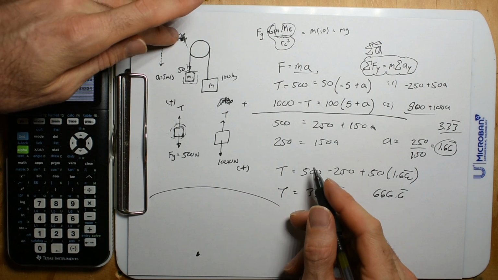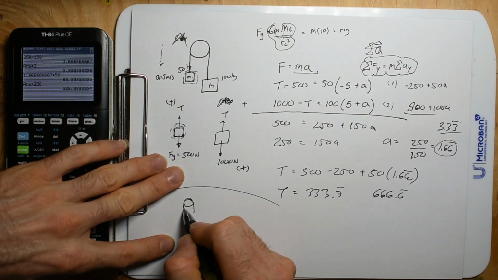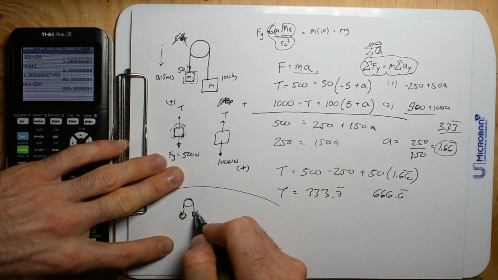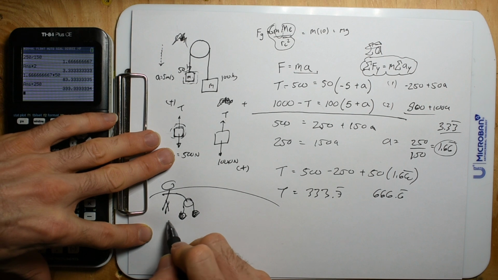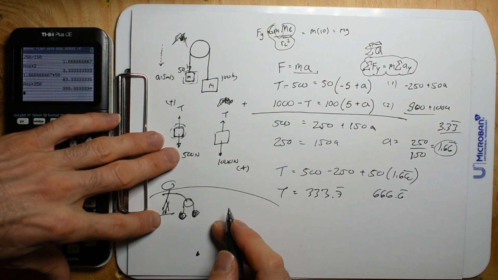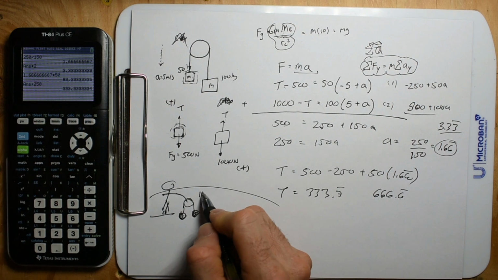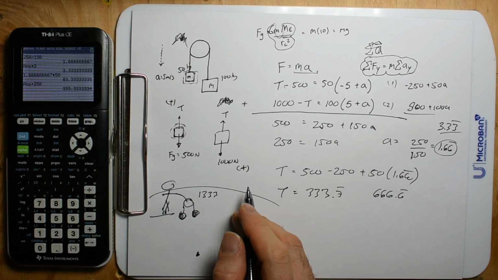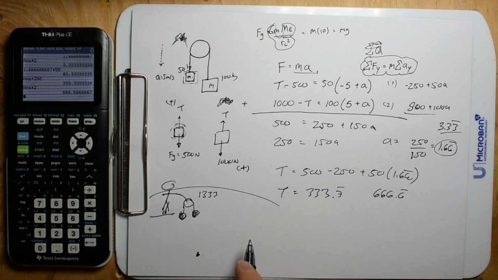Yeah, it's kind of fascinating. So here's a scenario. You're holding on to this setup. You're just standing on the ground. And we already found out that it's 1,333. This tension we got to multiply by 2.